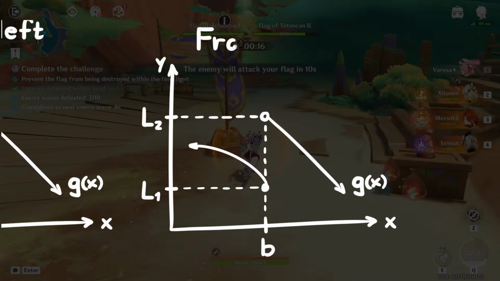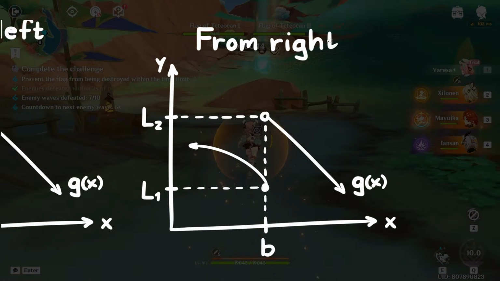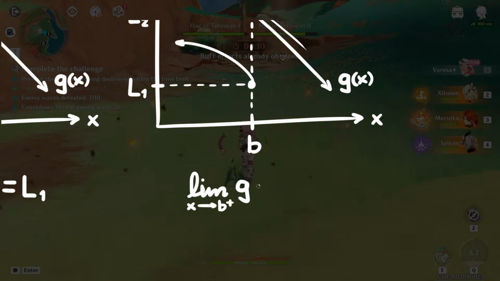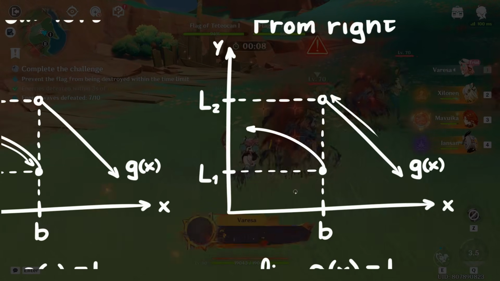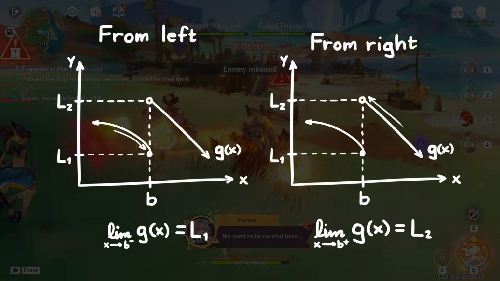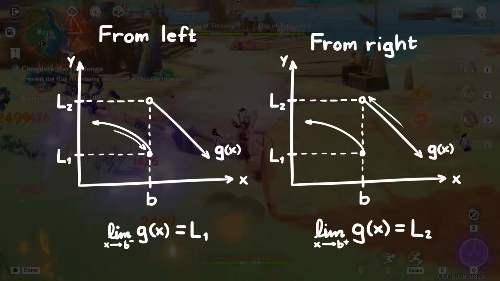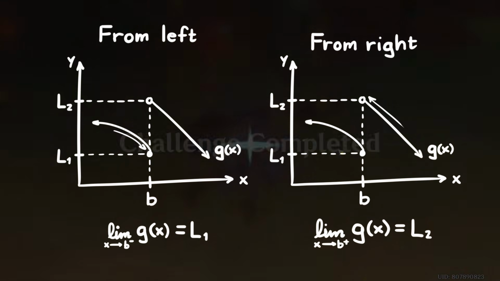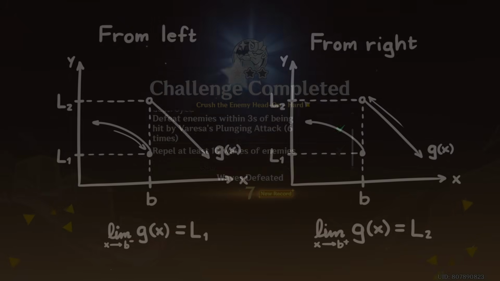But if we approach from the right, we get a completely different one. Which one do we use? Because the function doesn't approach one specific value from both sides, we can say that the limit does not exist.